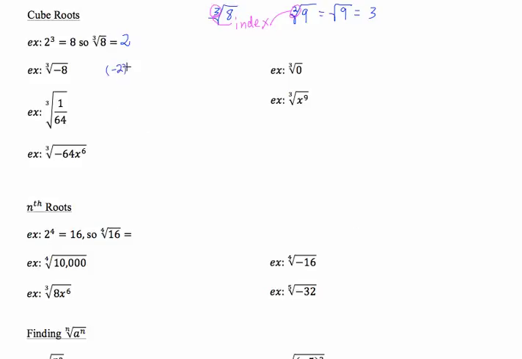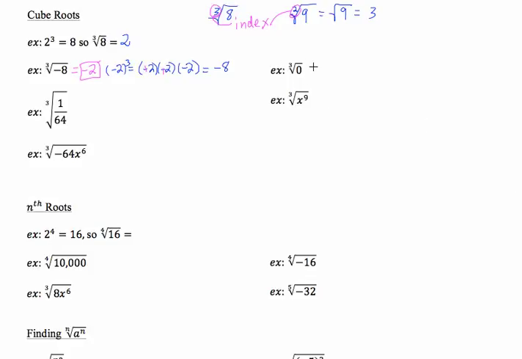If we do negative 2 cubed, that's negative 2 times negative 2 times negative 2. Well, 2 of those negatives cancel, but you're still left with a third negative. So that is, in fact, negative 8. So therefore, the cubed root of negative 8 is actually negative 2. Because you're taking a cubed root, and that's an odd number, so only 2 of those negatives cancel, you can actually take the cubed root of a negative number.